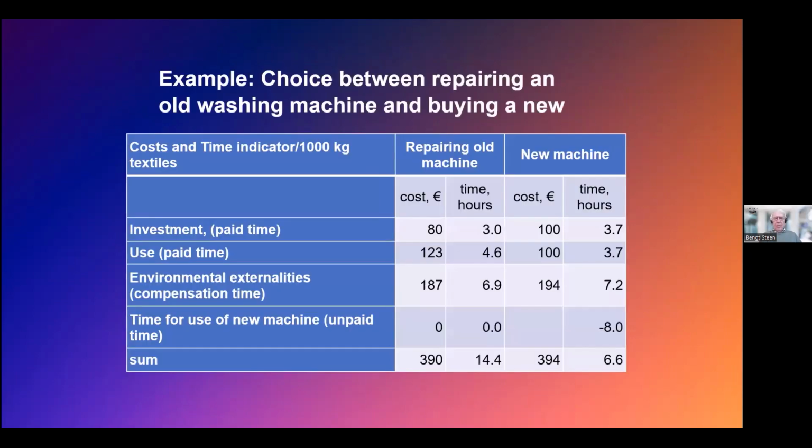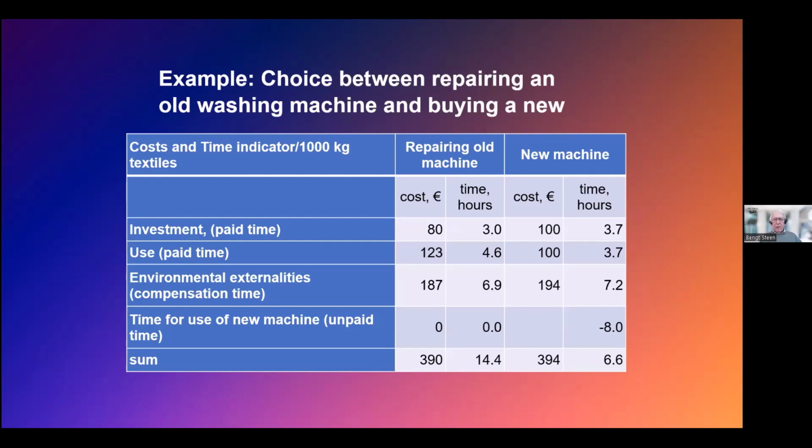And we have made a test on a case study here. This is a case where you compare repairing an old washing machine with buying a new machine. You have to invest some money either to repair the old or to buy a new.